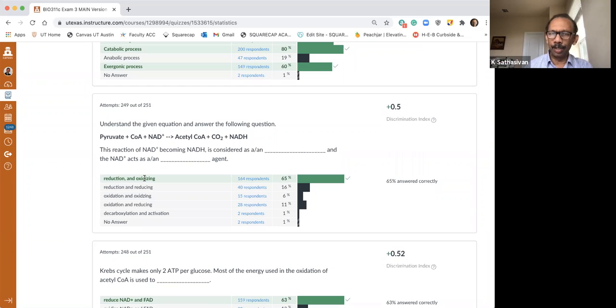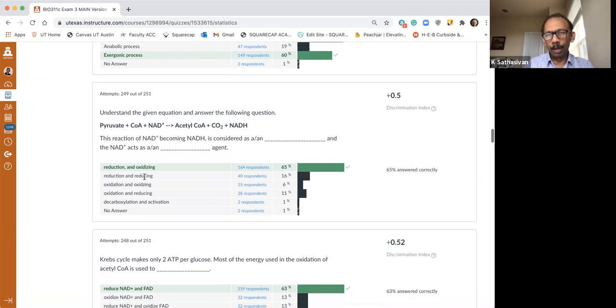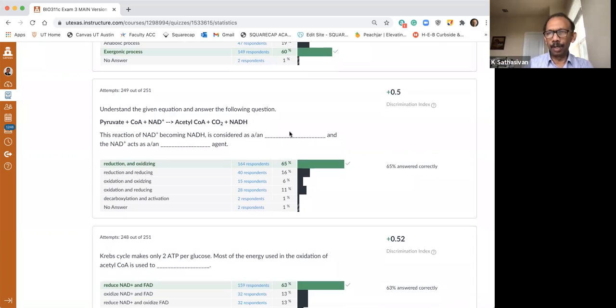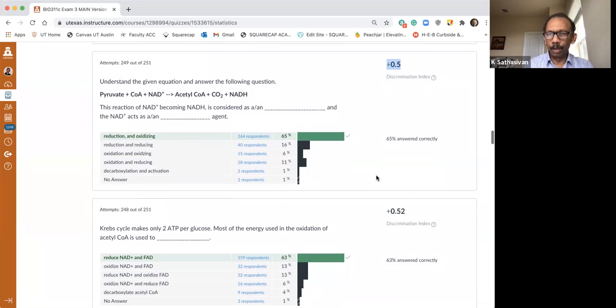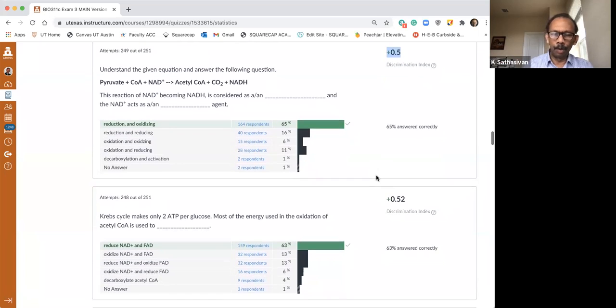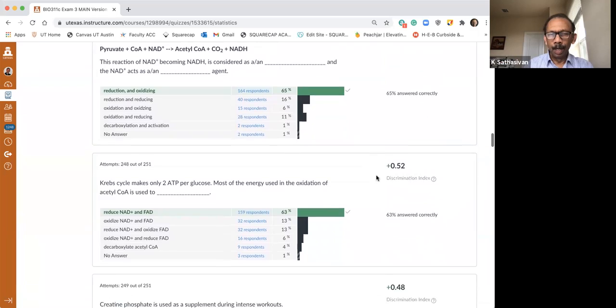So this is understanding what the terms oxidizing agent and reducing agent mean. An oxidizing agent makes somebody else lose hydrogen or electrons. A reducing agent makes somebody else gain hydrogen or electrons. In this case, it made it lose, so it's an oxidizing agent. Very high discrimination index, so I'm overall pleased with this exam result. It discriminated between people who know and people who don't know.